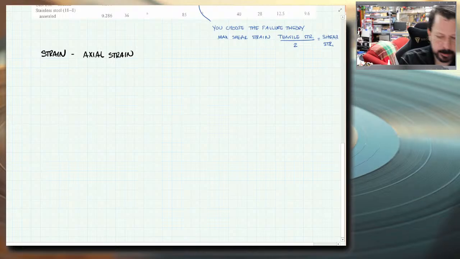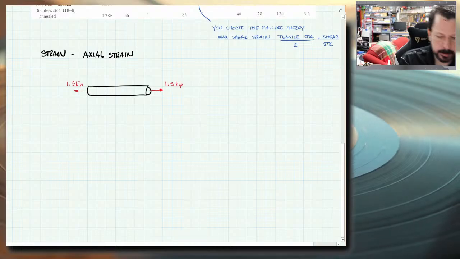So for axial strain, let's just say we've got some sort of rod here, and we are applying an axial force, and this force happens to be a tensile force. It's pulling it apart. And let's put 1.5 kips. We haven't used kips at all, I don't think, so let's use some kips. This one also needs to be 1.5 kips, or else our piece is moving. It's either moving left or right, depending on which one of those forces is larger.